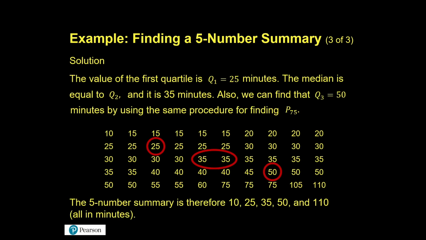All right, and then the way the book found the first quartile Q1 was they used the locator. Okay, so they used the locator to find P25, which was Q1, and that gave us 25 minutes.